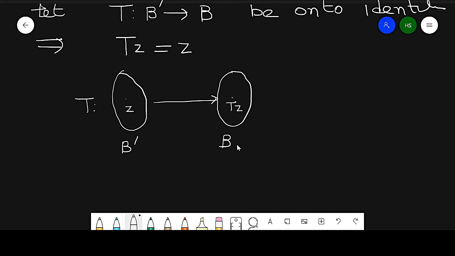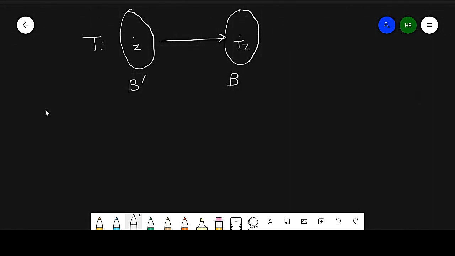T of z is a member of B, so we will operate with the simple norm, and z is a member of B dash, so we will operate with the dash norm. So what we get is the norm of Tz, which by definition is equal to the norm of z.